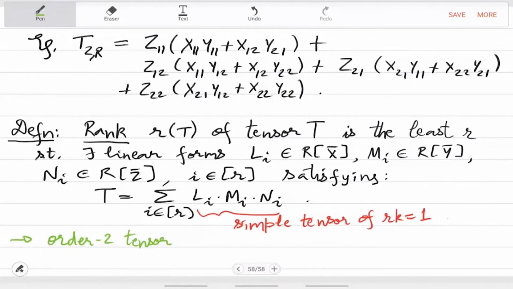Order 2 tensor: let's say you have some tensor T in 2 families of variables x bar, y bar, and you want to write it as sigma Li times Mi.